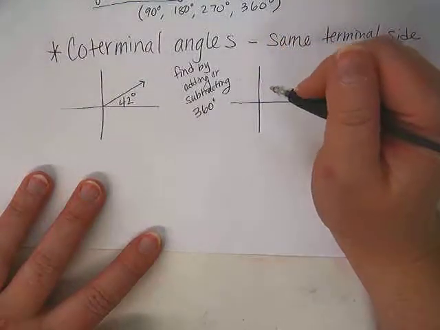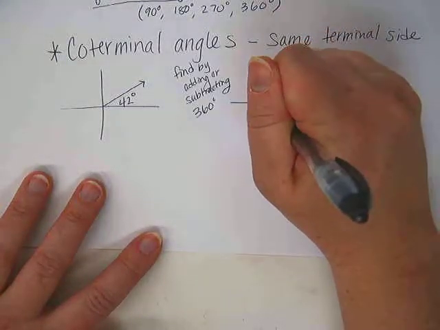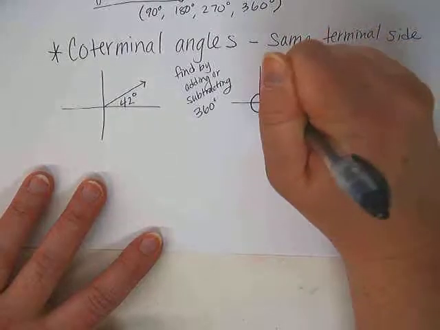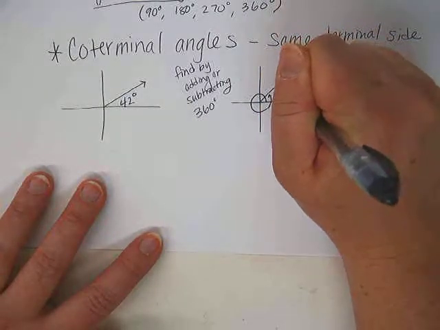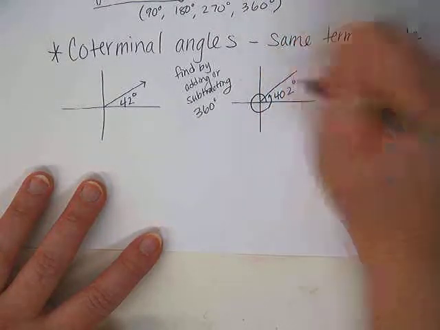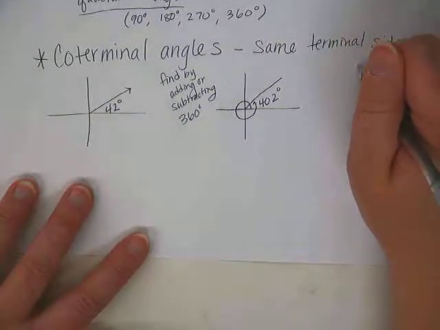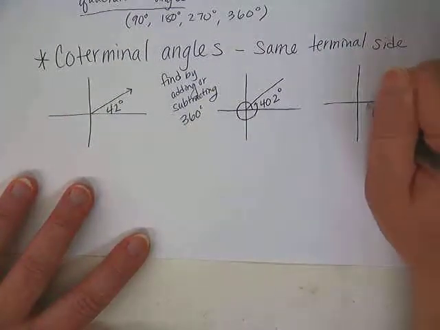Okay. So what did you say was another one? 402. So that would be going all the way around once plus an additional 42 degrees. So 402 degrees. What if we subtracted 360?